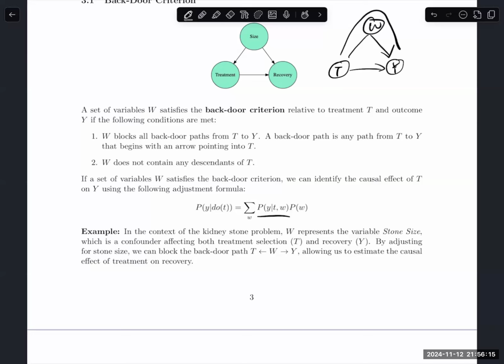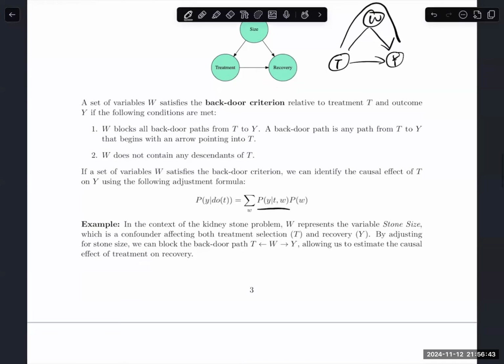By summing over all possible values of the confounder, we effectively block the backdoor path. This adjustment ensures that we are estimating the causal effect of the treatment on the outcome as if the treatment had been randomized, removing any confounding influence that could otherwise distort the conclusions.